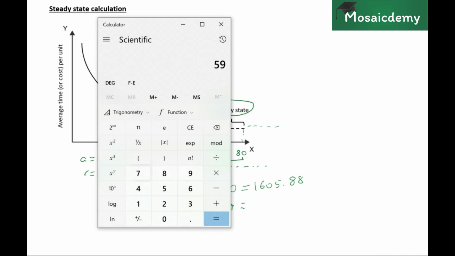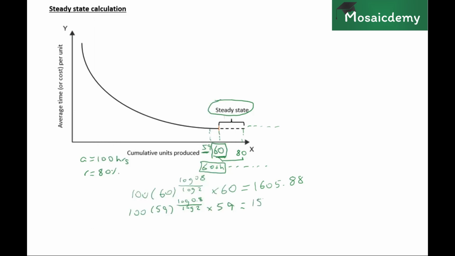59 raised to the power log of 0.8 divided by log of 2 gives us 0.269, times 100 times 59. We get a total time of 1587.69.